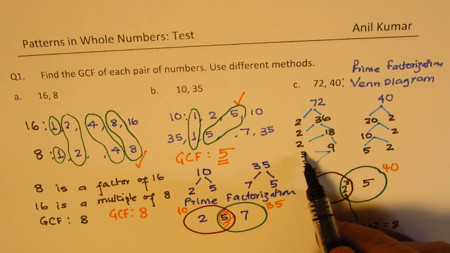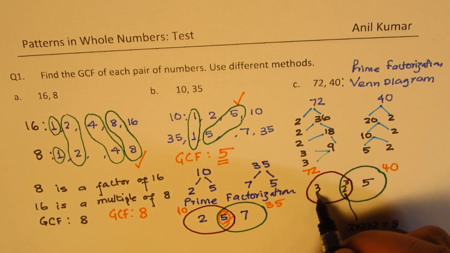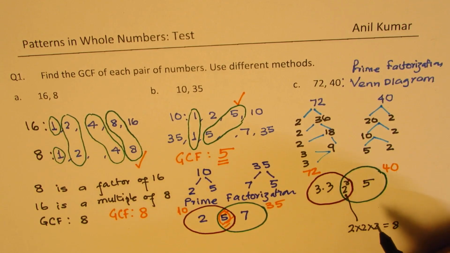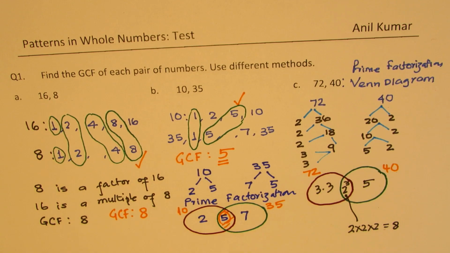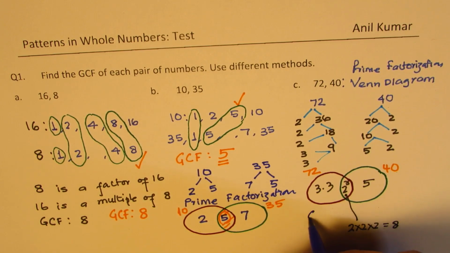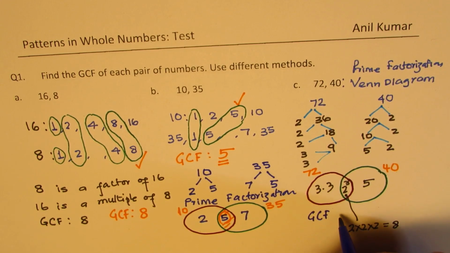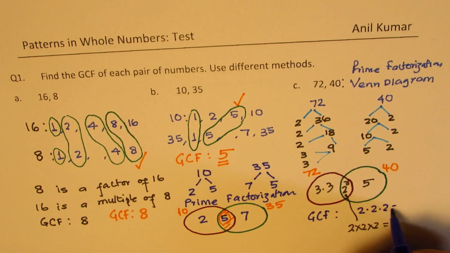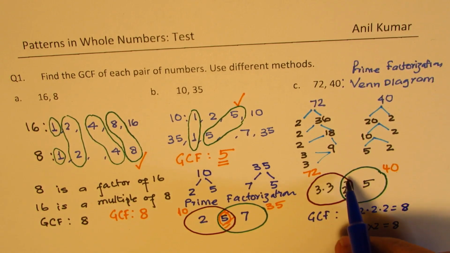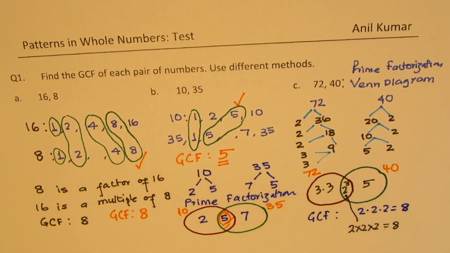And here we are left with 3 times 3, which is 9. Do you see that? So from here clearly, we get our result that the greatest common factor is 2 times 2 times 2, which is 8. So in the Venn diagram, you see it right in the middle as shown here.